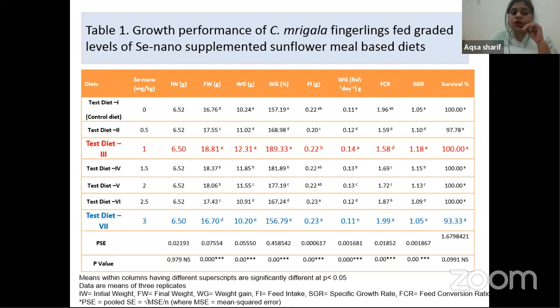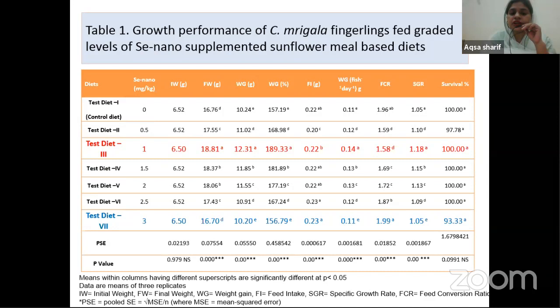First good results were obtained by adding the test diet 3, while the less good results were obtained by adding test diet 7, having 3 milligram of the selenium nanoparticles.